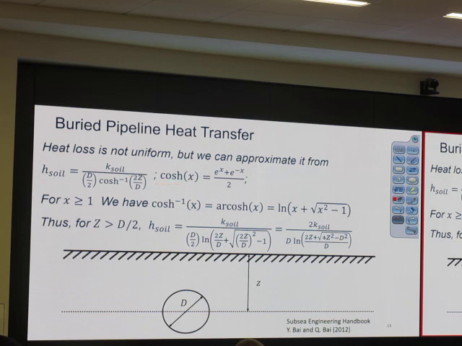So if the pipe is buried, it depends on whether it is partially buried or completely buried. There's a way to convert from the depth under the ground and the thermal conductivity of the soil to a shape factor for the soil.